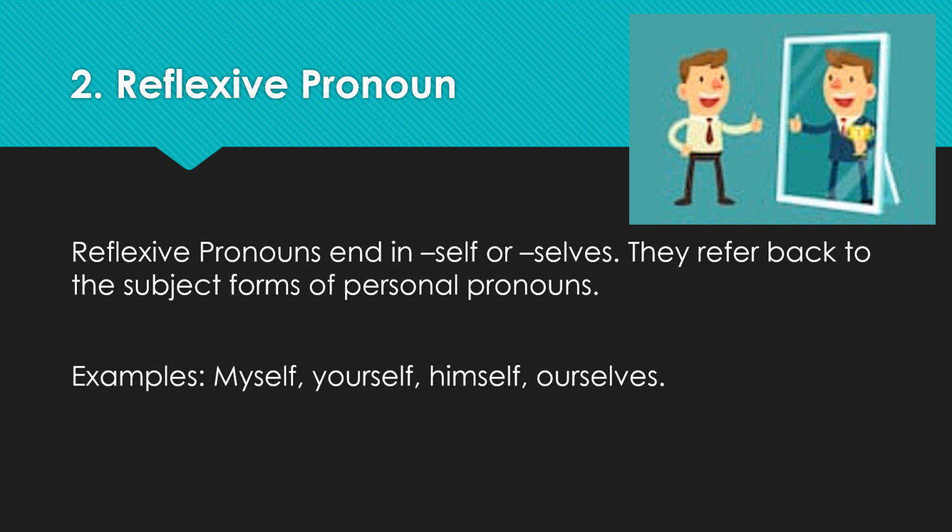If I use it for myself, for me I will use myself. For example, I myself hurt my finger. Here, I myself means that nobody else has hurt me. I myself have hurt. So myself refers to the same subject.